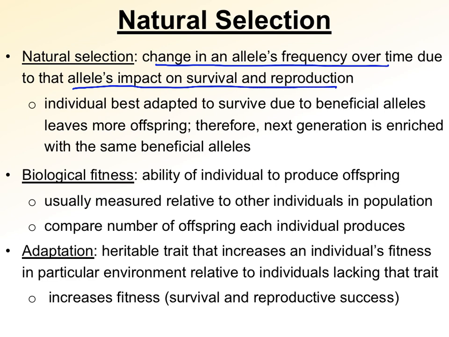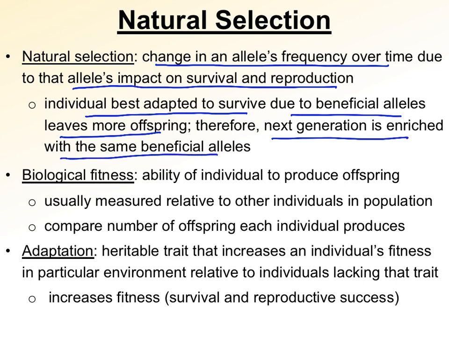Natural selection says that the individual who is best adapted to survive due to beneficial alleles passes them on to their offspring, and the next generation will then be enriched with the same beneficial alleles. Individuals survive because of these beneficial alleles and then pass them to the next generation, which preferentially will have that beneficial allele.